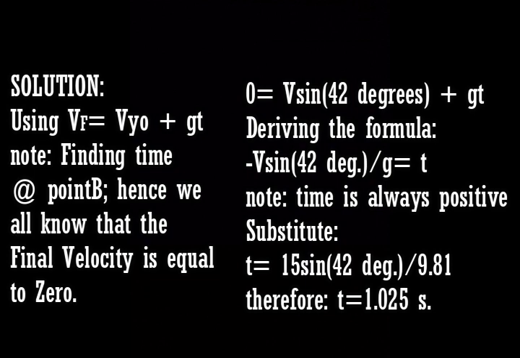Negative V sine 42 degrees is equal to g times t. Time is always positive. Then we derive the formula: time is equal to 15 sine 42 degrees over 9.81, which is the gravity. We get the value of time, which is equal to 1.27.